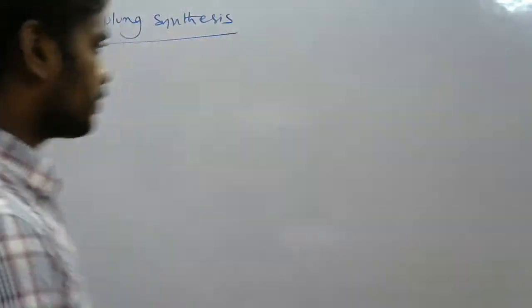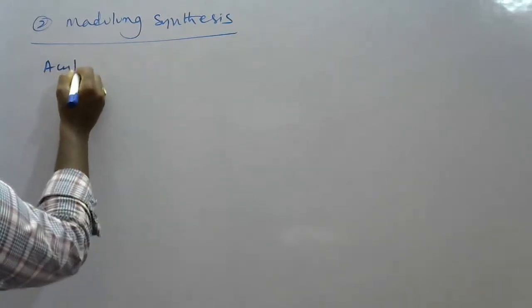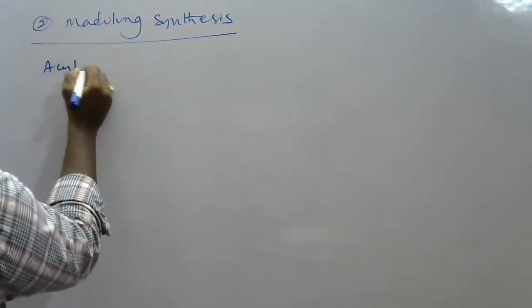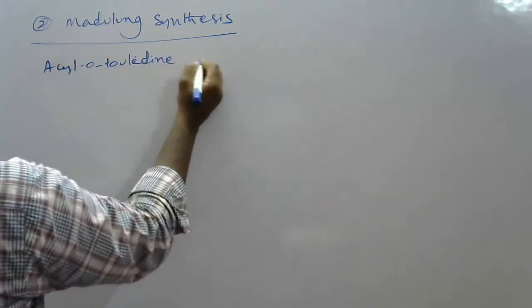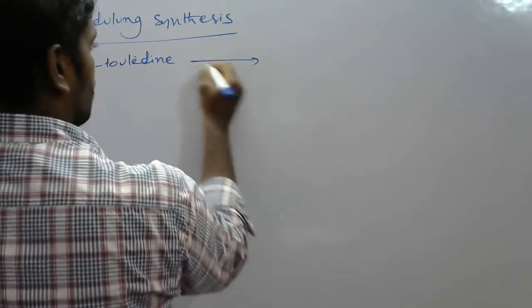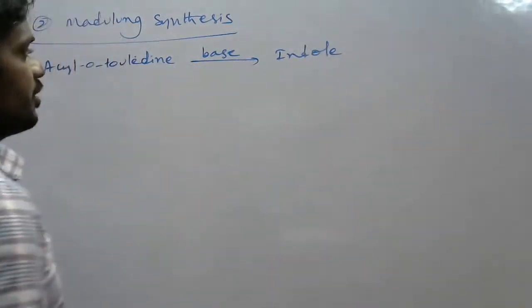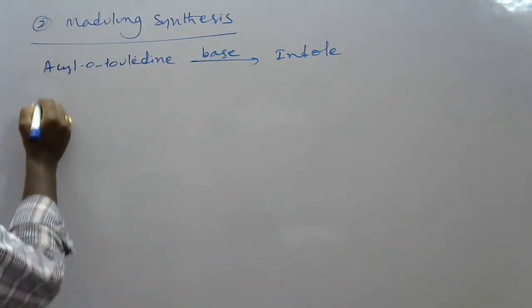First of all, the acyl ortho-toluidine reacts with the base, and then the indole is formed. So first take the ortho-toluidine.